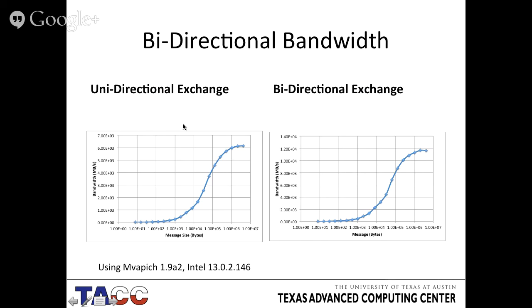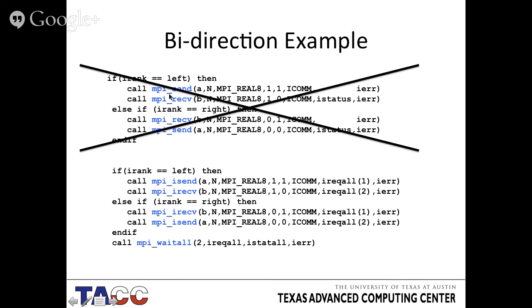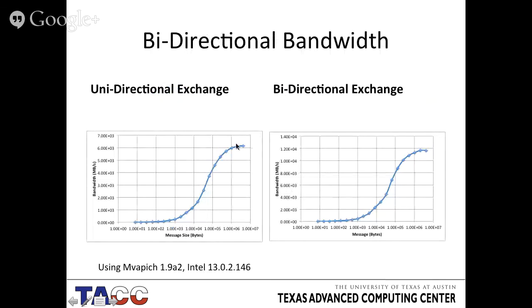If you use this first example up here, when you do a send and a receive, the maximum memory bandwidth you can get is about 6.2 gigabytes per second. However, if you were to run in bidirectional mode with I send, I receive, for the same exact amount of data, you can get almost 12 gigabytes per second. So it's not quite a factor 2x, but it's a factor 1.85 or 1.9.